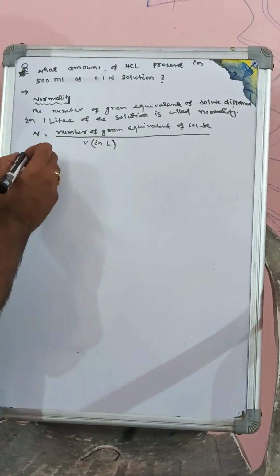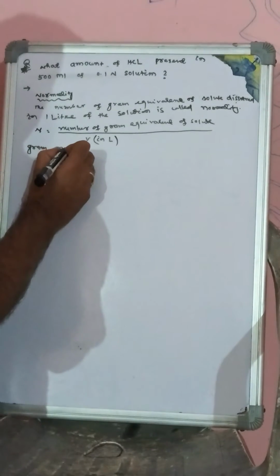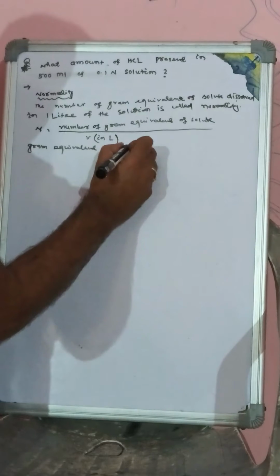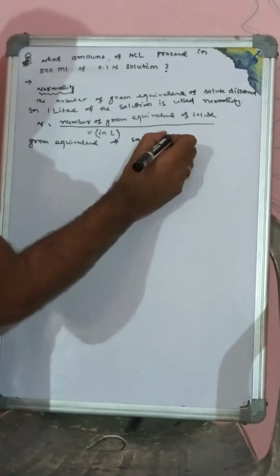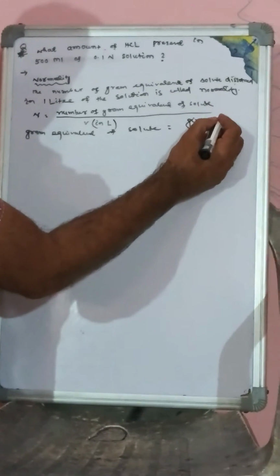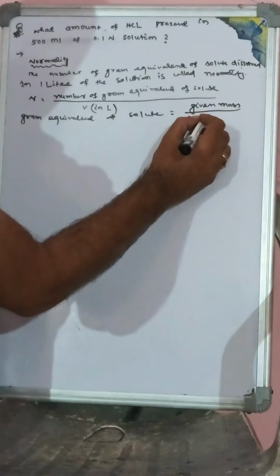Then we know gram equivalent of solute is equal to given mass divided by equivalent mass.